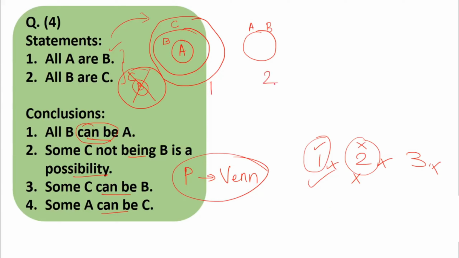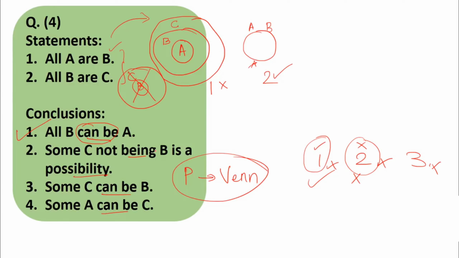In one Venn diagram the conclusion all B can be A is not possible. But if you draw all A are B in this alternative manner, then we can say that all B can be A. So here the conclusion is possible. One diagram where the conclusion is not possible, one diagram where the conclusion is possible, means we have to mark it as correct. So this is a correct conclusion. Okay, moving on to the second conclusion.